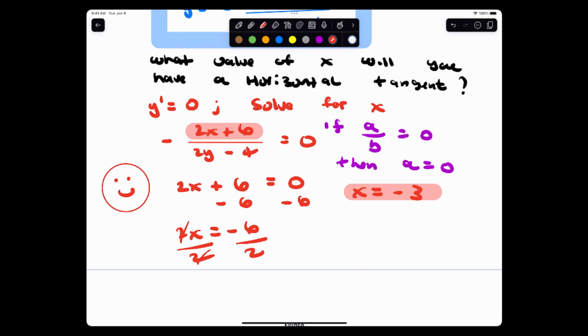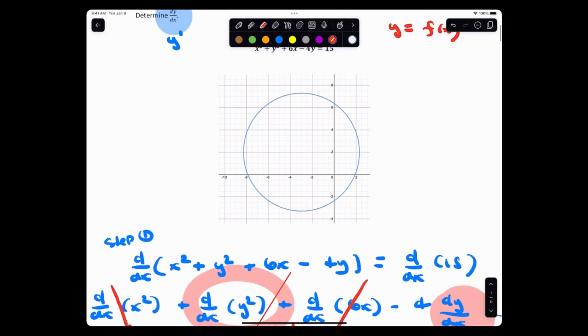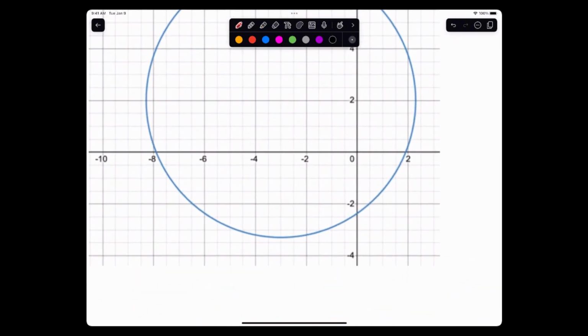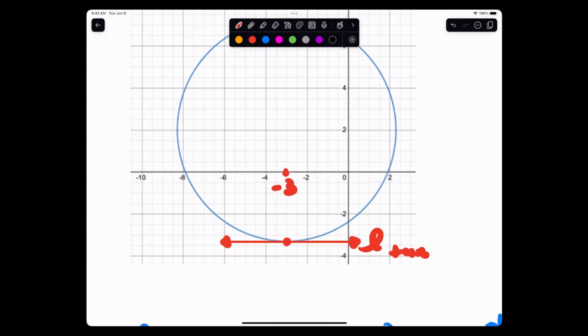X is negative 3. So if I go back to the curve here, remember this. Where is negative 3 on this curve? I guess here's negative 1, 2, so I guess it's right here. All right, so at negative 3, see that point? At this location, there's your horizontal tangent line.